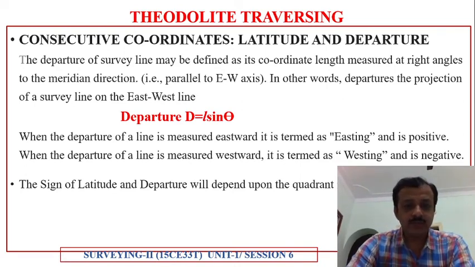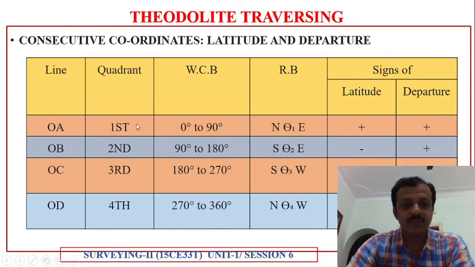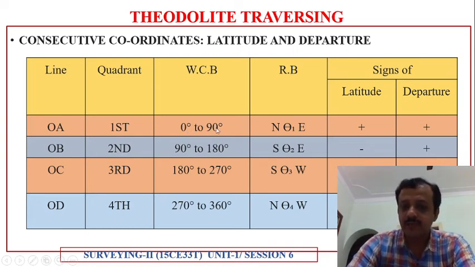So, the sign conventions. The line OA is in the first quadrant, that is 0 to 90 degrees in whole circle bearing, north theta 1 degrees towards east. If it is in the first quadrant, both latitude and departure are positive.